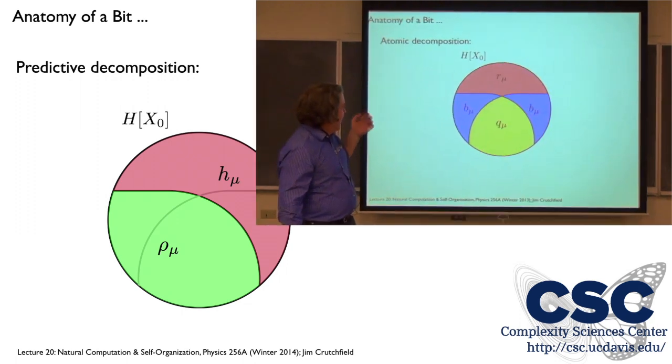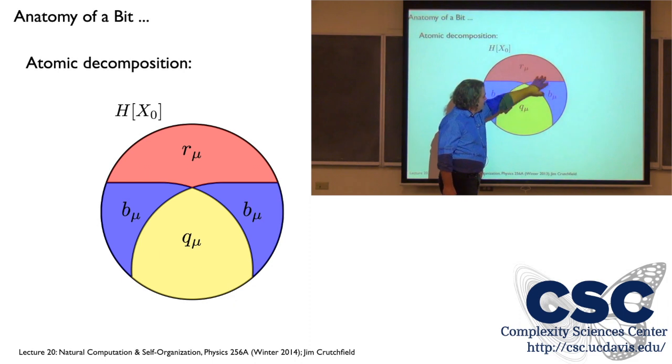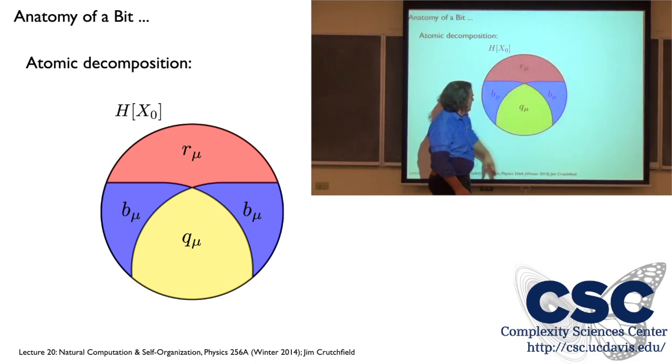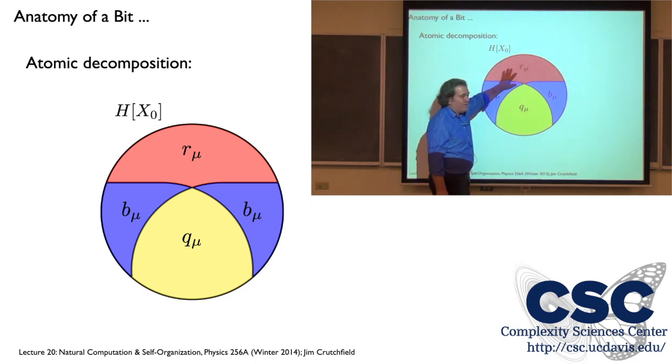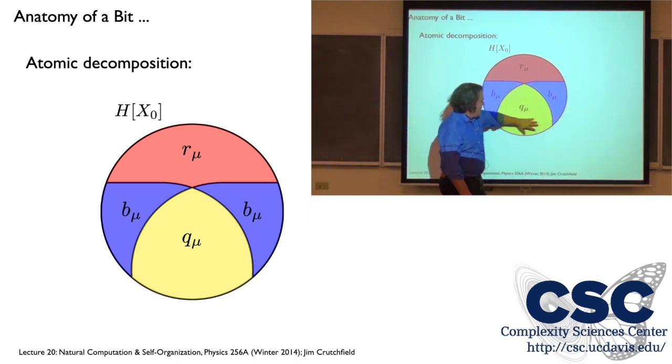There's the most detailed decomposition. The ephemeral part of that is b mu. So here h mu, I split into these 2 pieces. You have this q mu, very shared information, and then there's this piece over here. And these pieces here are also h mu, which is interesting, because that's the piece that was unanticipated by the future.